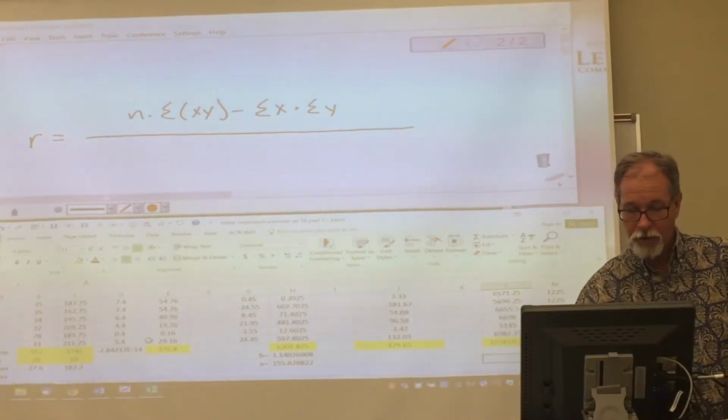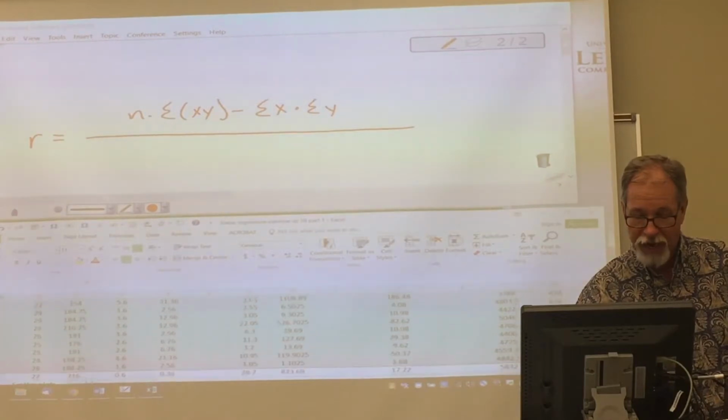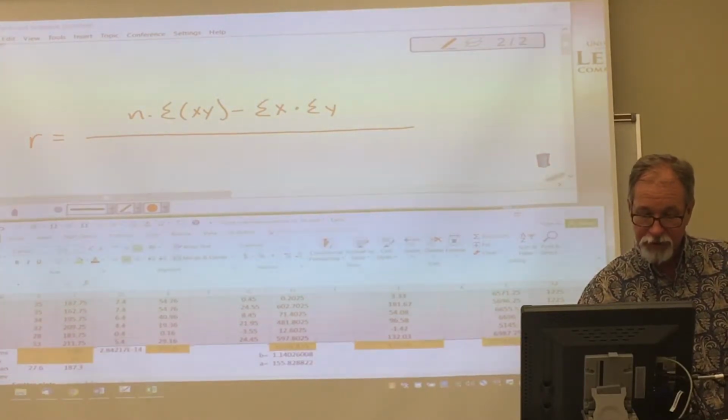So I'm going to hide some things in the middle so I can see my columns. So I'm just going to hide my data momentarily.